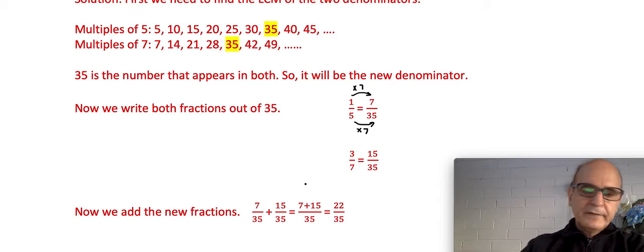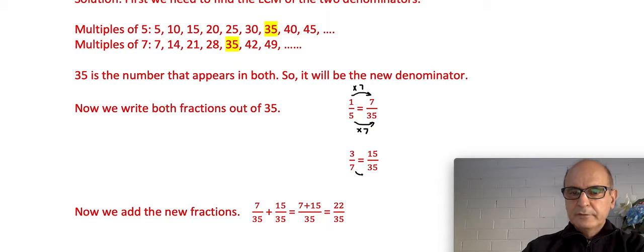And for the next fraction, which is 3 out of 7, I want to again write it out of 35. Again 35 because 35 is my lowest common multiple. So that is what I write here.